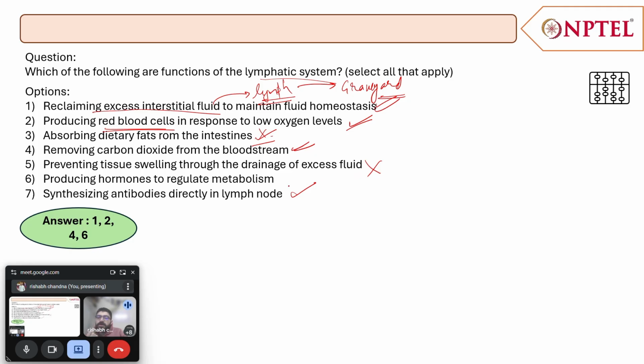Then producing hormones to regulate metabolism. Yes, this is correct. And synthesizing antibodies directly in lymph node. This can be the correct answer too. So the seventh one is also a correct answer because it helps in antibody synthesis in the lymph node. So here we can add the seventh one.